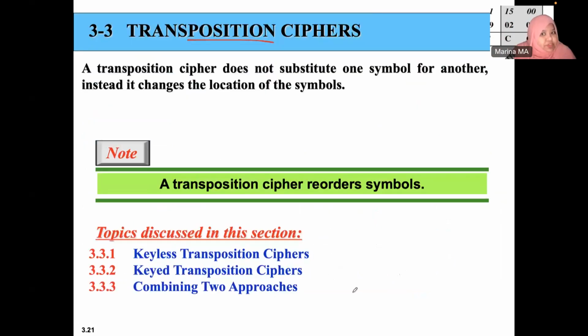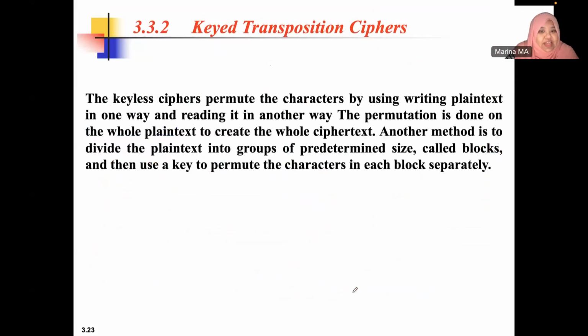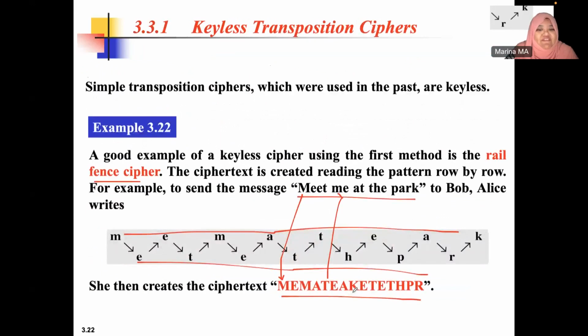But in transposition, what is the difference? In transposition, you have the same alphabet. Meet me at the park. Here, actually, you have 2 M's. Here also you have 2 M's. You have 1 K. Here also, you must have a K. All you do is you rearrange their position.